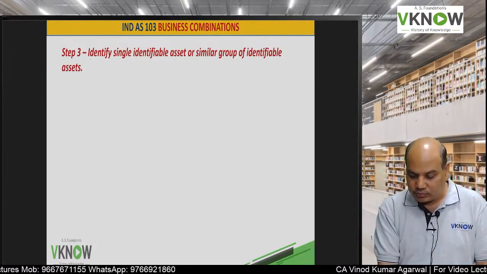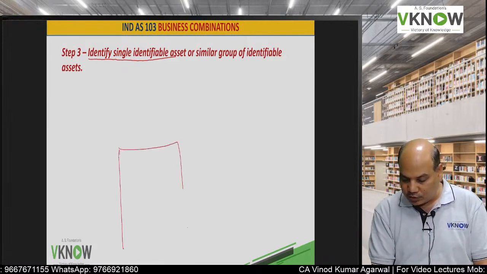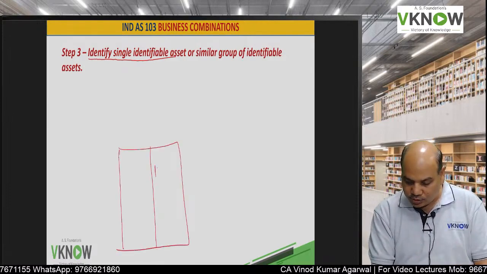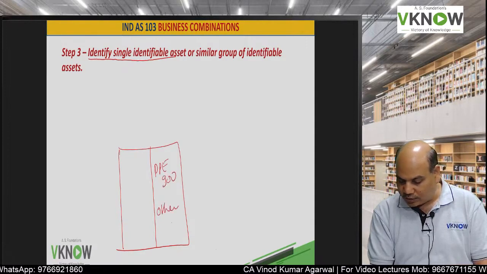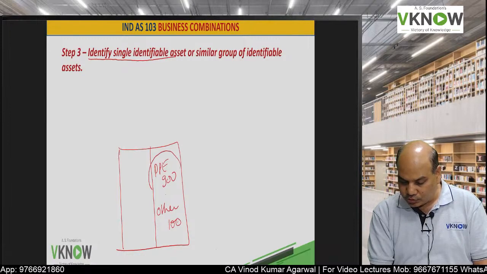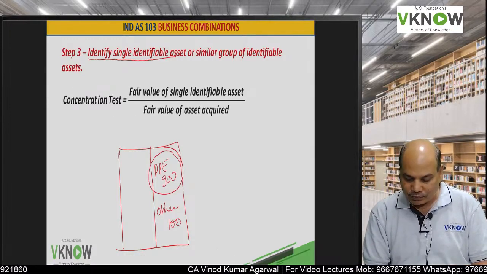Then identify the single identifiable asset. So if in the balance sheet you have PPE which is 900 and other assets 100, this is a single identifiable asset or similar group of assets.